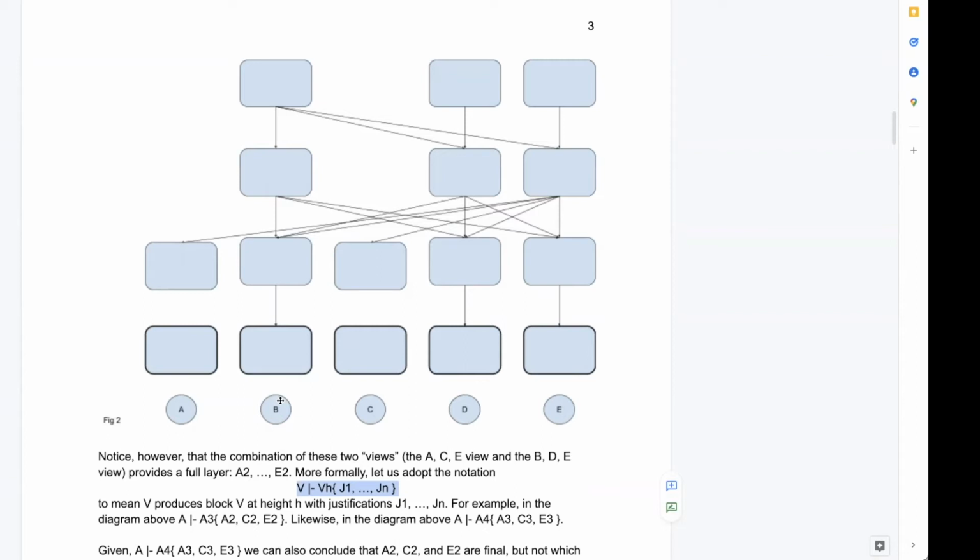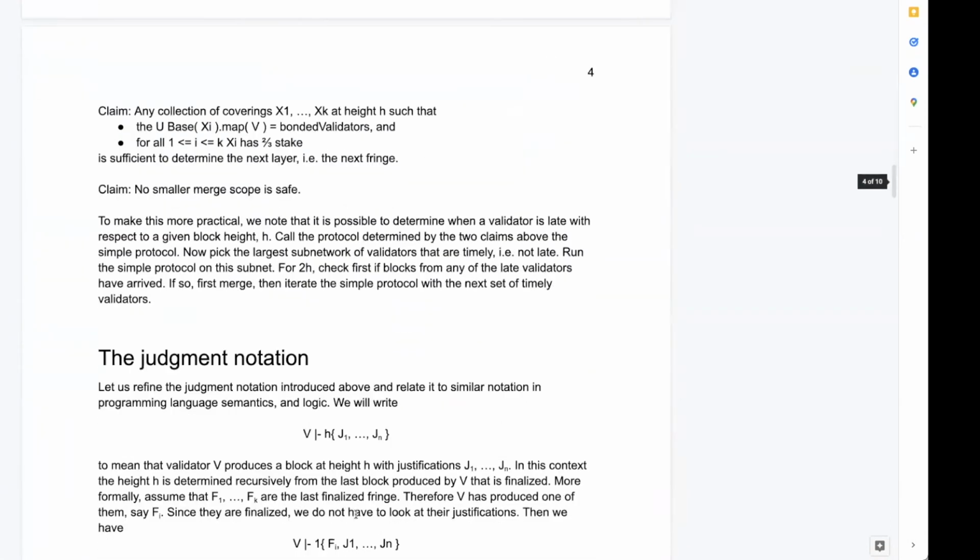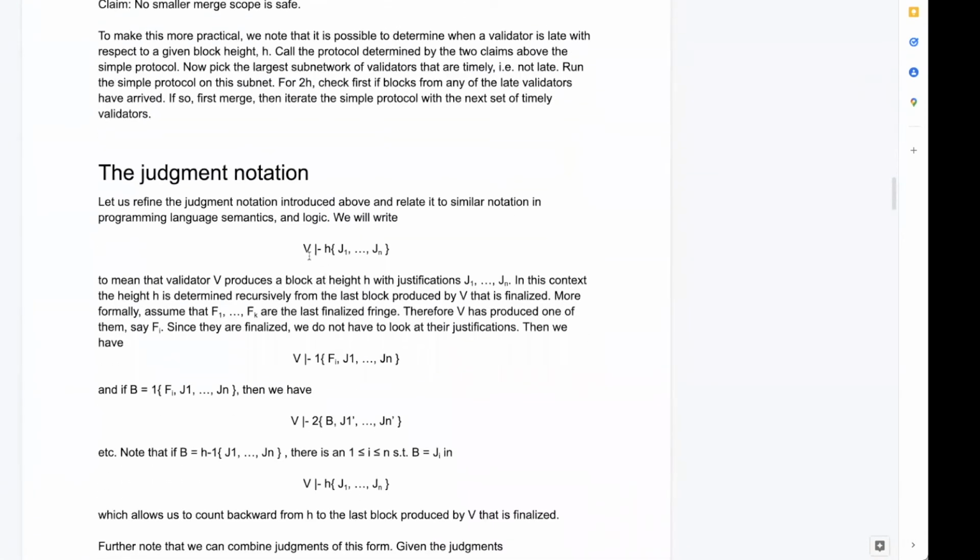So then the justification notation. I'm going to use the one that is slightly more formal, written this way.